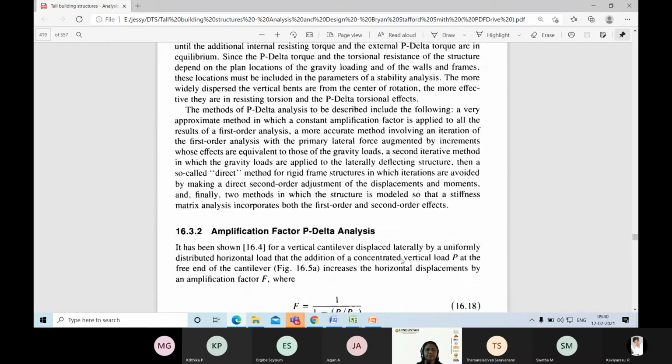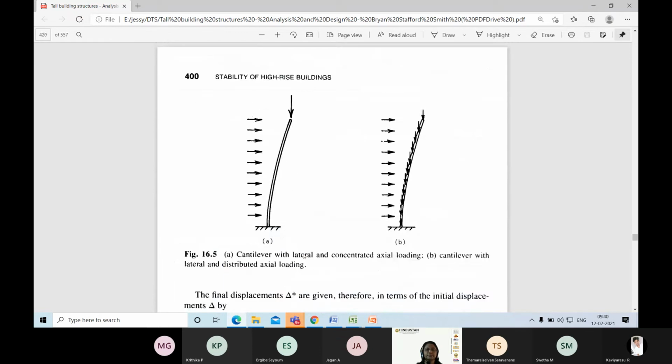Here there is a diagram. This is what I was explaining. It shows a cantilever with a lateral and concentrated axial load. When it deforms, the gravity load axis is shifted. At every story, there is a distributed gravity load.